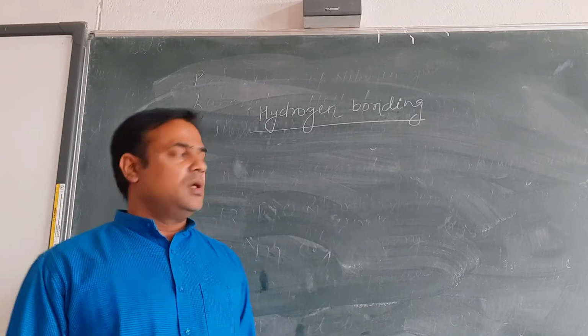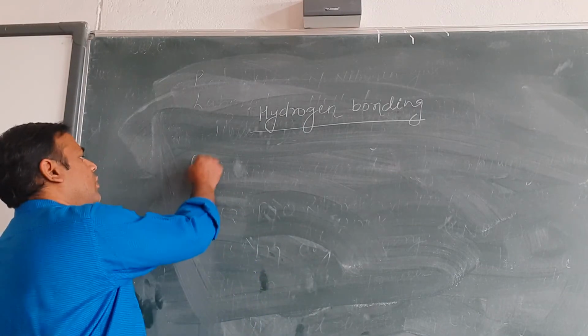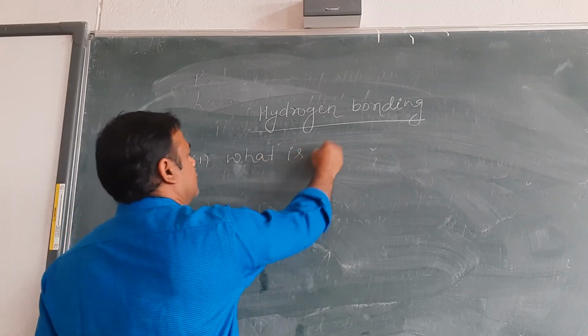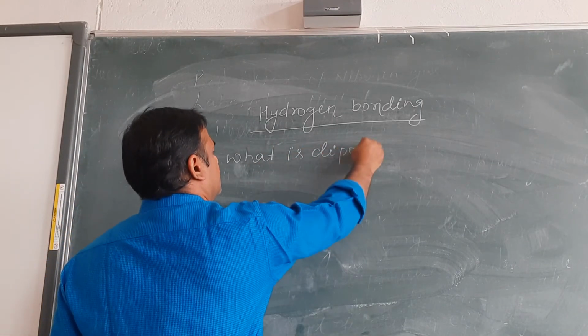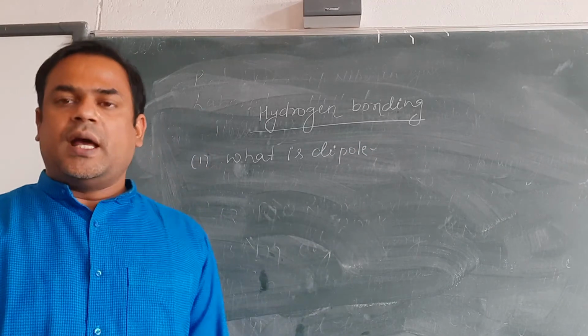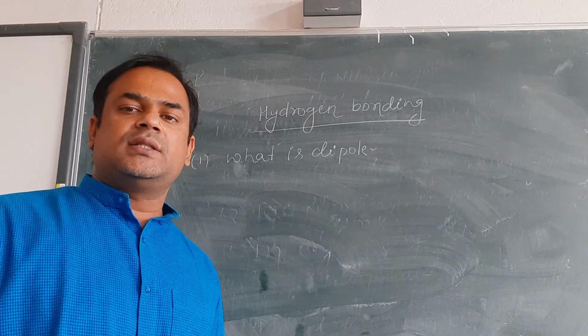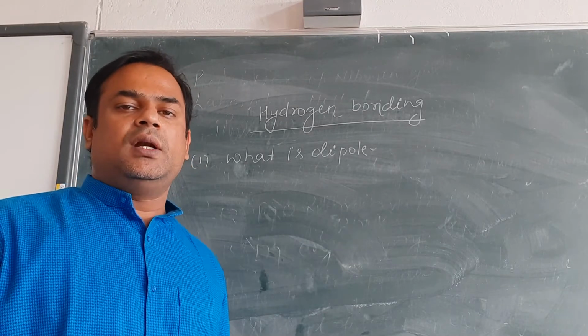What is dipole? Dipole is a system of two equal and opposite charges separated by very small distance.